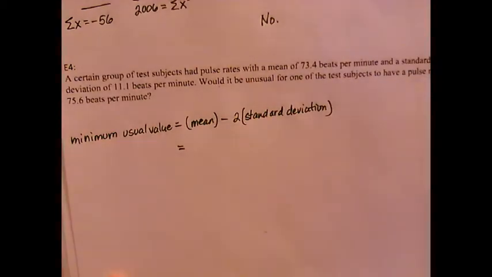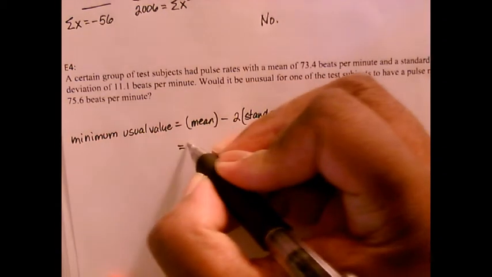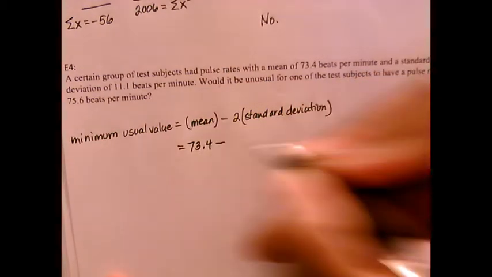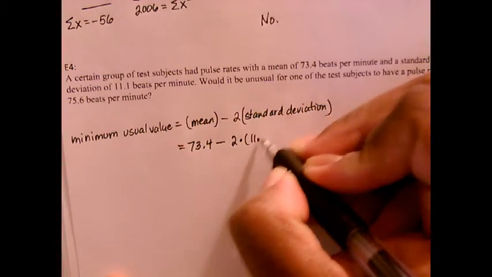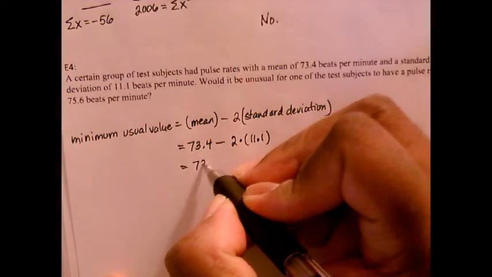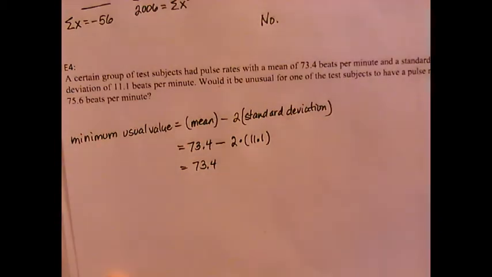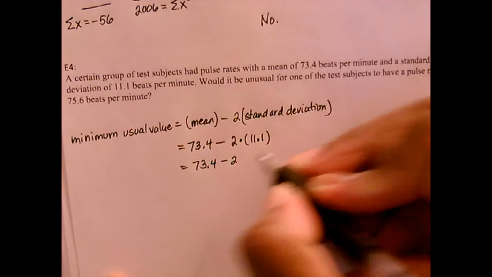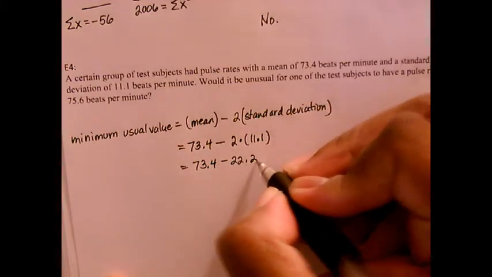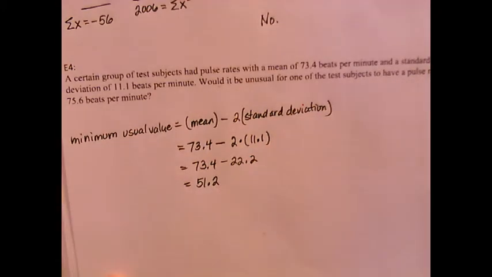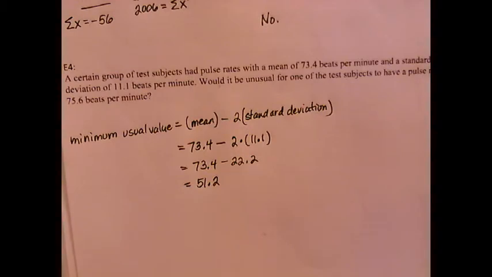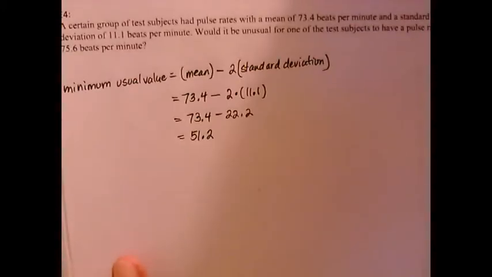And in this case, we're told that the mean was 73.4 beats per minute minus 2 times the standard deviation of 11.1. Well, 2 times 11.1 will be 22.2, and 22.2 subtracted from 73.4 would be 51.2. So the minimum usual value will be 51.2. Okay, now for the maximum usual value.